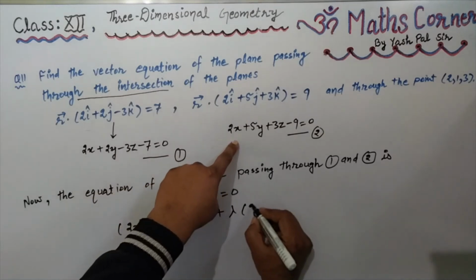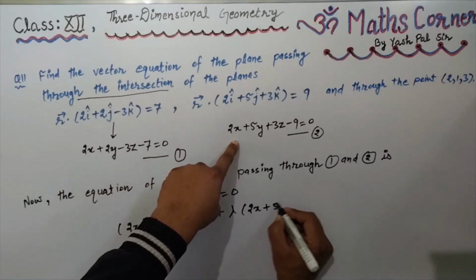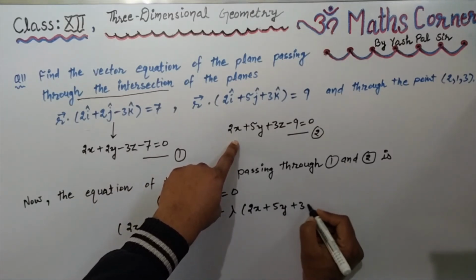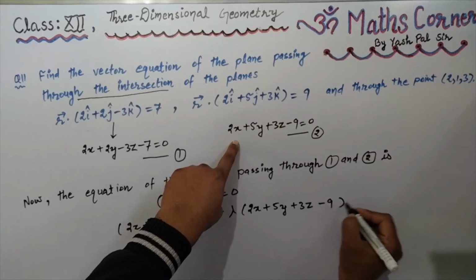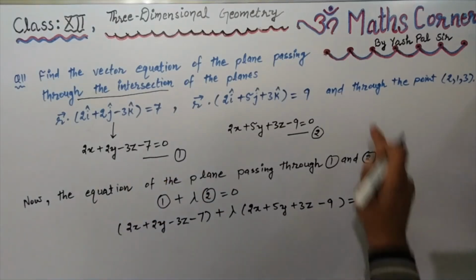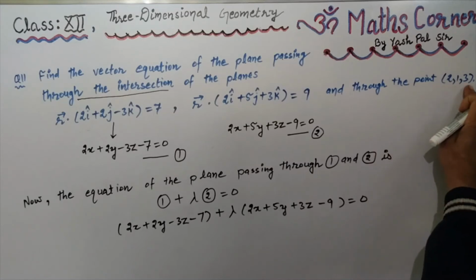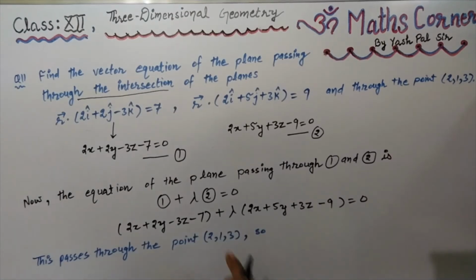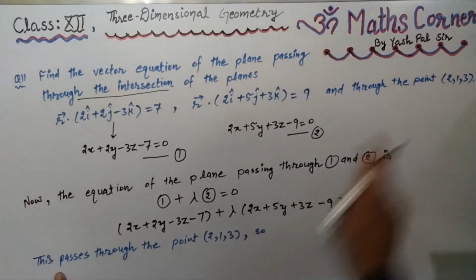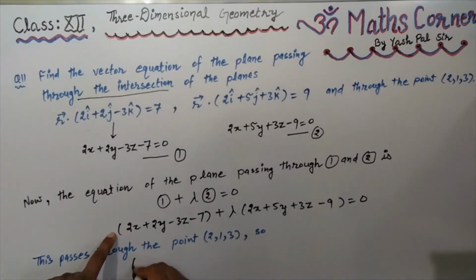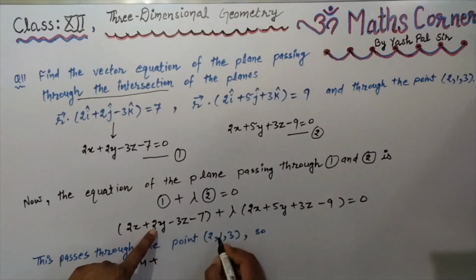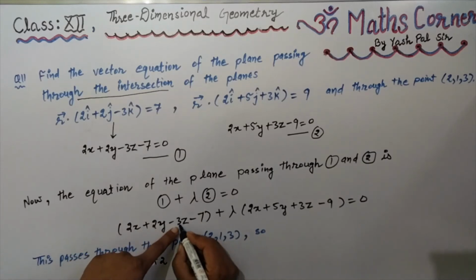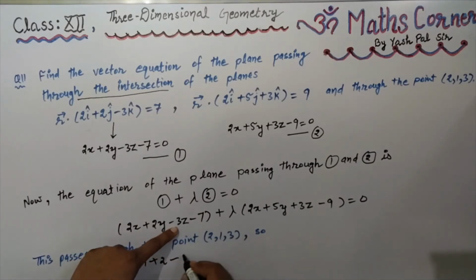So what is plane 1? This is (2x + 2y - 3z - 7) + lambda (2x + 5y + 3z - 9) = 0. This passes through the point (2, 1, 3).